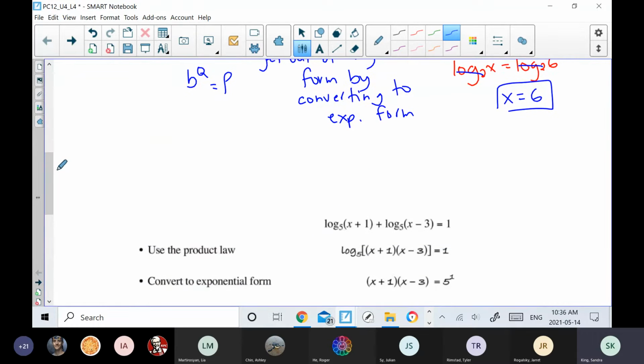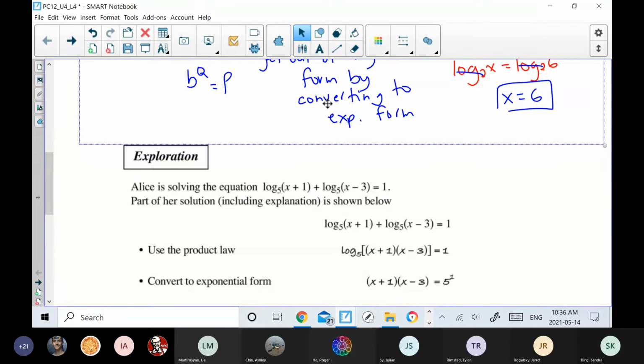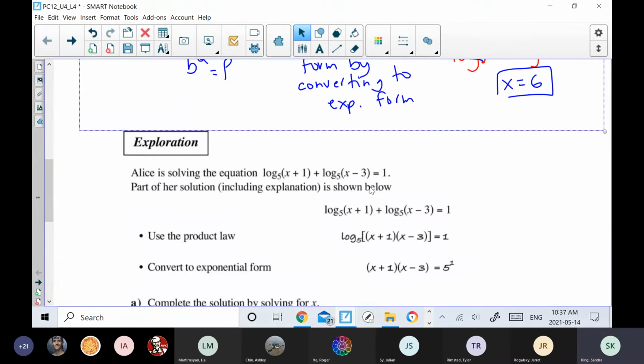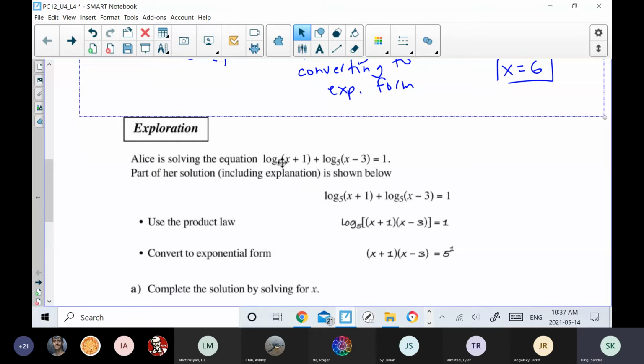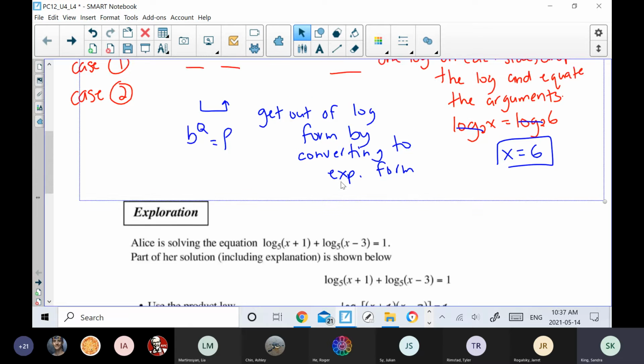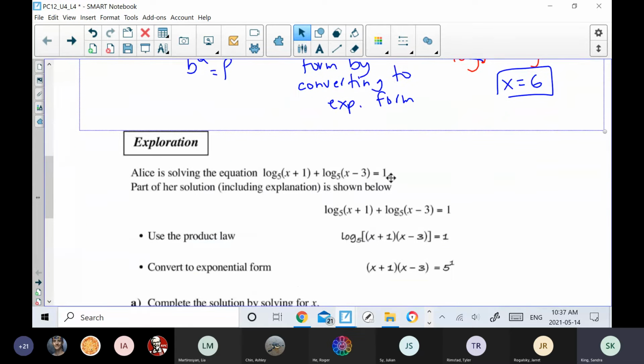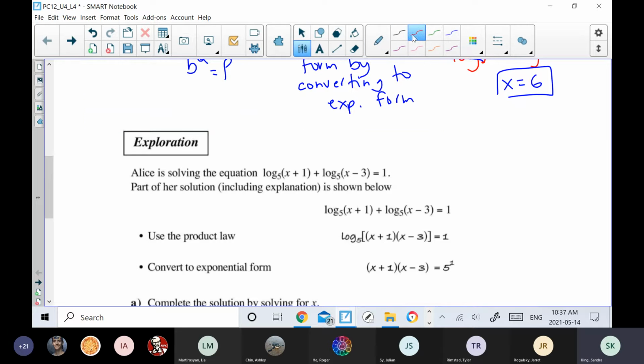Okay, so there's a question here. For this example, you've got two logs on the left-hand side, and you have a constant. How you know whether it's going to be case 1 or case 2 is that constant. If you have a constant anywhere in your equation, it is going to be case 2. So this would be case 2.